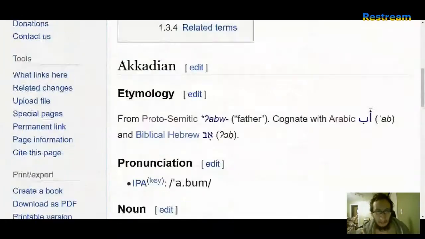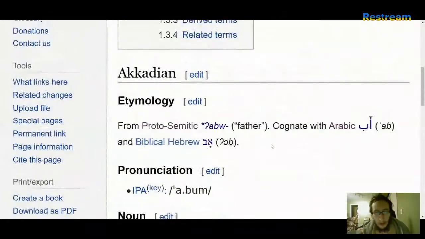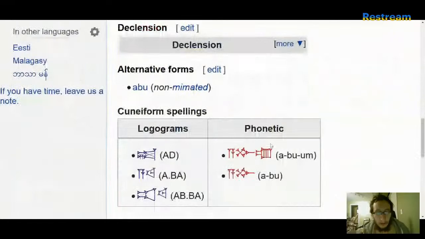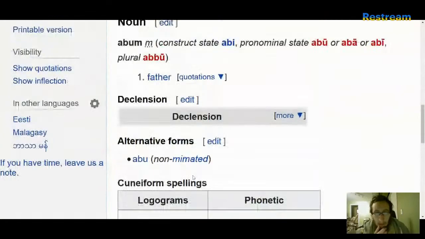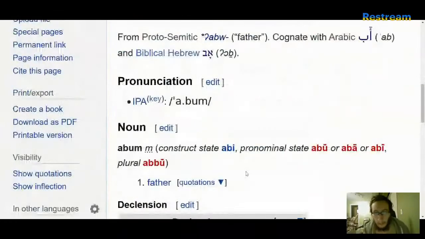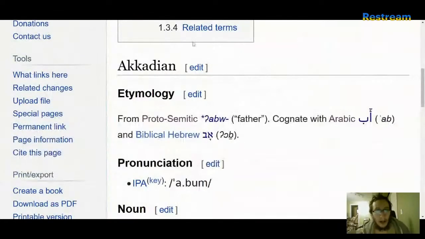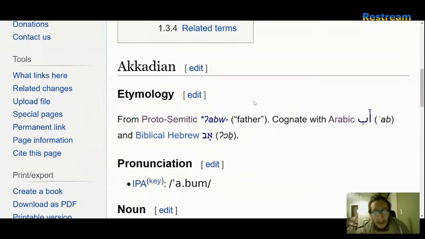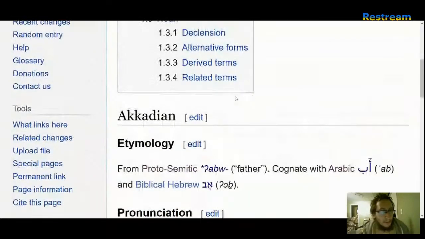So there's different ways of spelling the same word with different Sumerian letters, but it's pronounced all the same, ab, and it's the same Hebrew word. Okay, so as I said, it seems a bit complicated, but that's how the Akkadian and Sumerian language works.